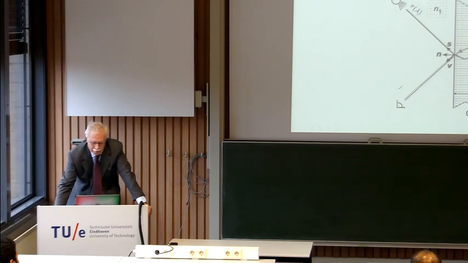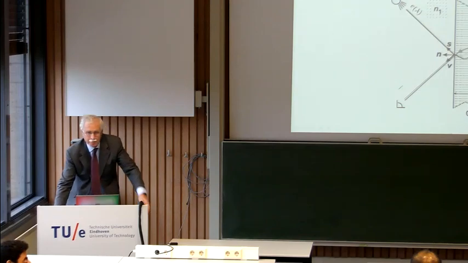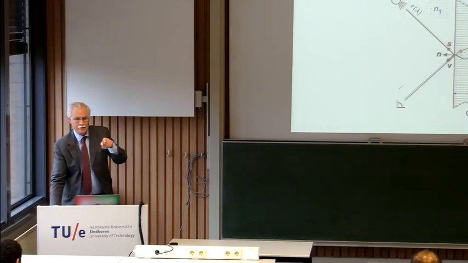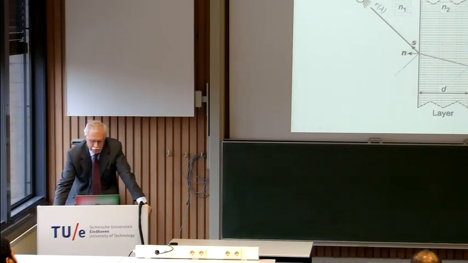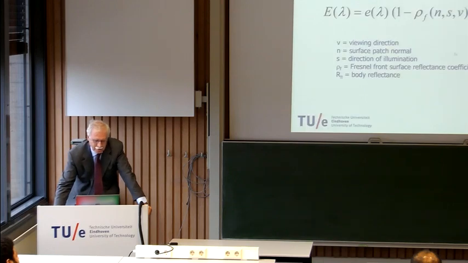It reflects here, and you have several. This is the normal, and you have here the S and the V factor. This is the incident, and that's the outgoing. And there may be some internal reflections due to the microstructure, and these reflections add up to what kind of color you see. If you have transparency, it goes through it. We don't look at transparency right now.